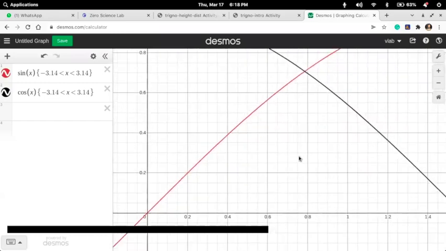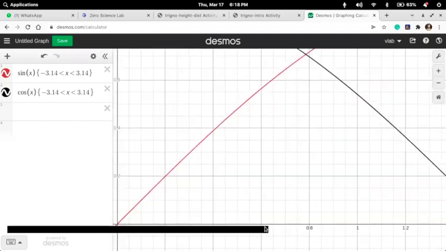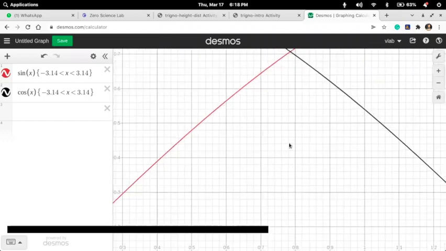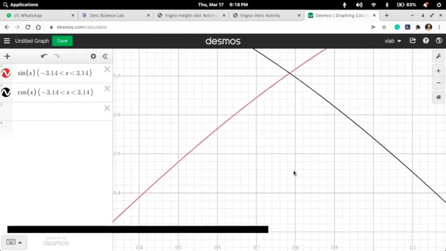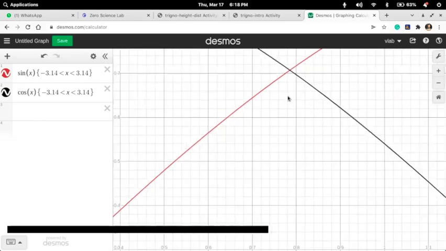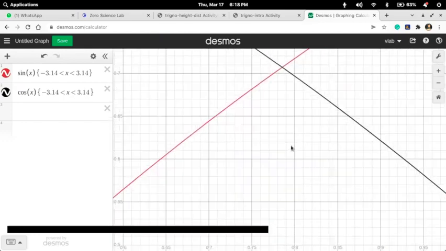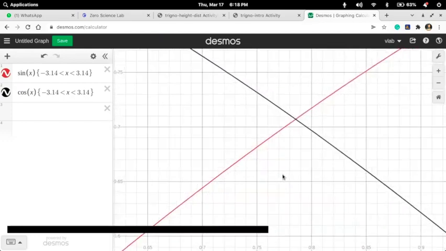You can verify. 0.6264, sorry, 64, at which value they are equal? 0.78, right? Yes, sir. Approximately 0.7576. Okay, you can zoom and find out.